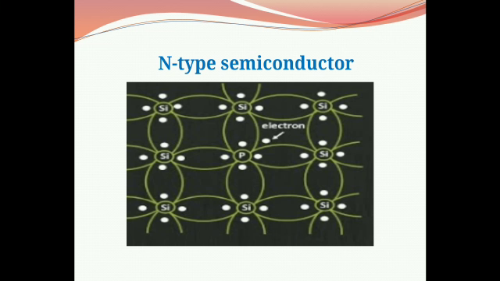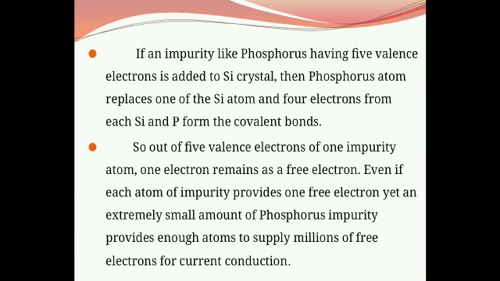This diagram shows the formation of an N-type semiconductor. Here each silicon atom is surrounded by neighboring silicon atoms. It has 4 valence electrons in its outermost orbit, and to complete an octet it needs 4 more electrons. When one atom of a pentavalent impurity like phosphorus is added to this pure silicon, it shares 1 electron with each neighboring silicon atom, and it provides 1 extra electron.